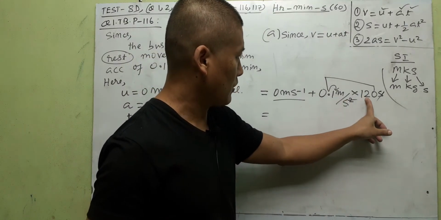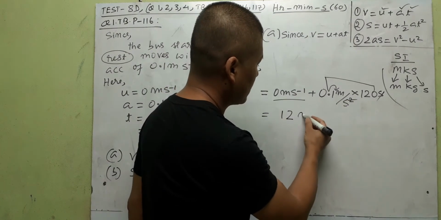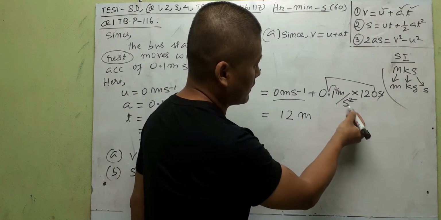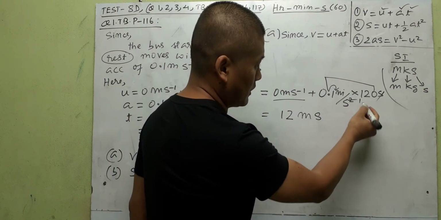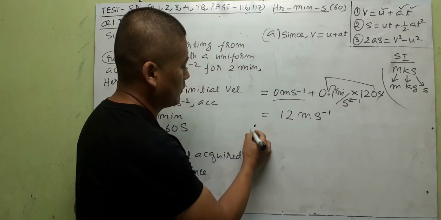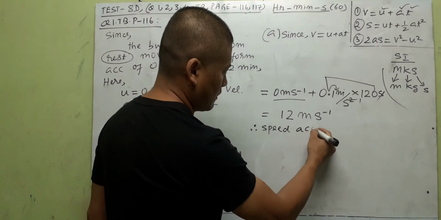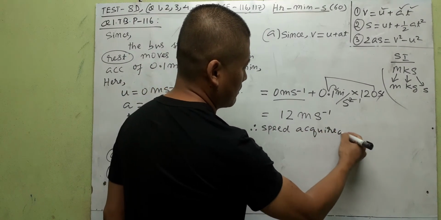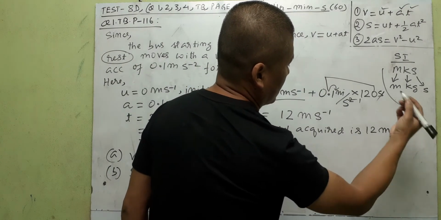And so we have only 12 left, right? So 12, and then here meter, and this second one more is left here that you bring to numerator, then second to the power plus 1 is there, right? So that will become minus 1. So therefore the speed acquired by this bus is 12 meter per second, the first answer.